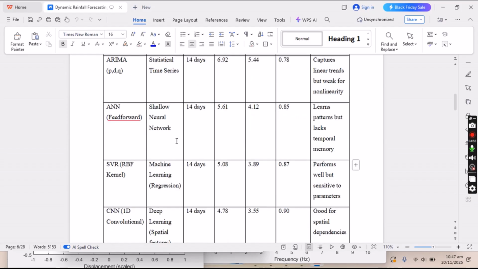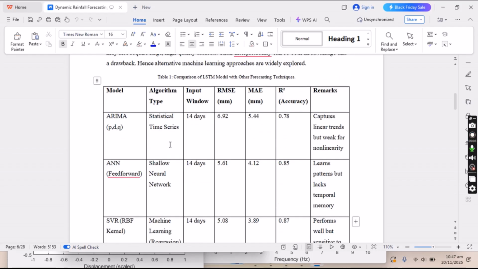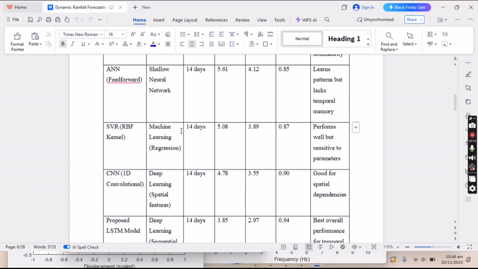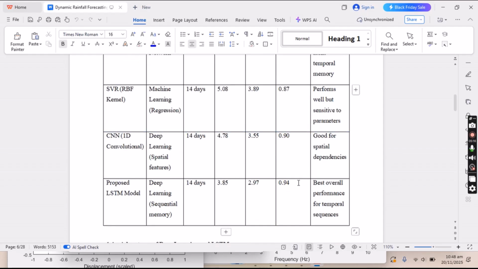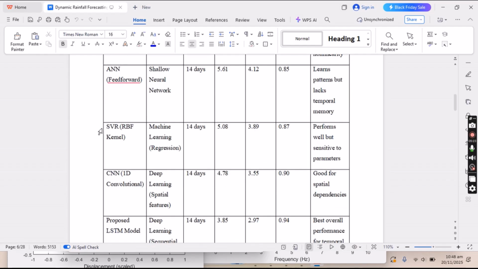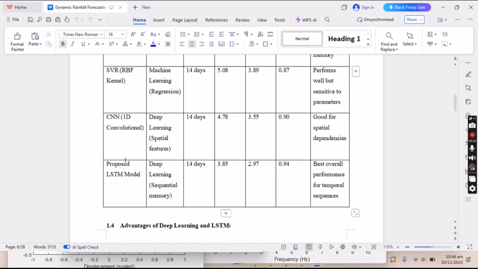table which provides the complete comparison of the long short-term memory model with the other forecasting techniques. The accuracy of our model is 94%, which is very high compared to other methods like ARIMA, ANN, SVR, kernel method, CNN, and others.